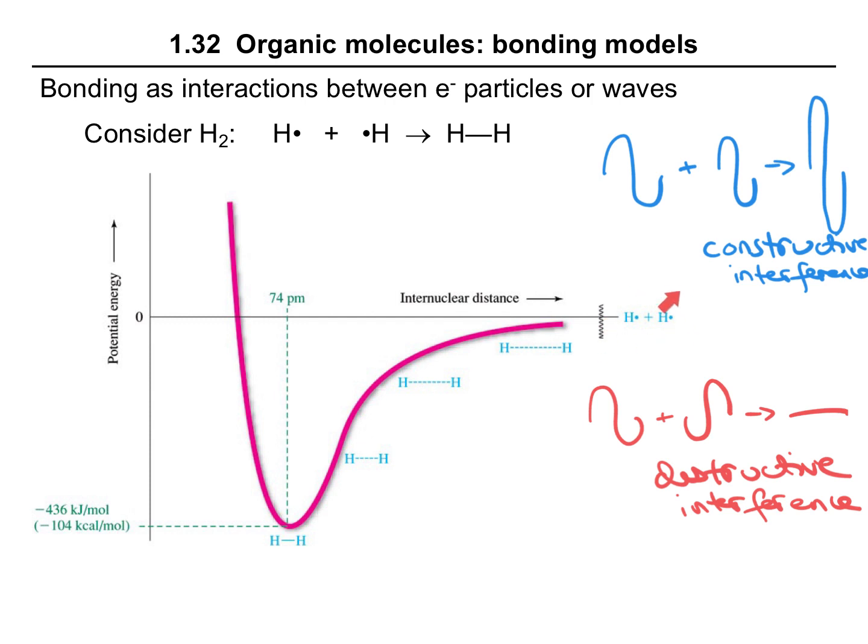As the atoms are very far away, there's no interaction. As the atoms begin to come closer together, there is some constructive interference and some destructive interference. So the waves are not completely in phase and they're not completely out of phase.